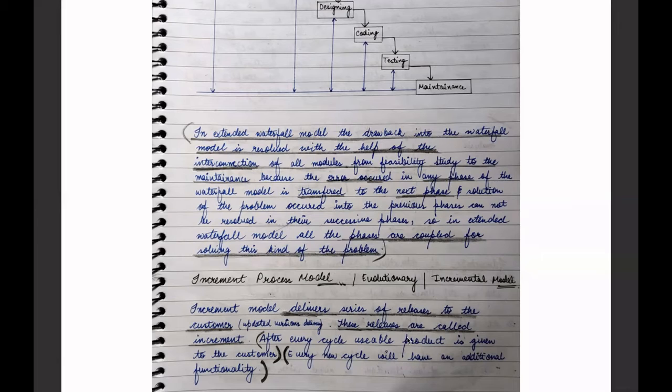These releases are called increments. After every cycle, a usable product is given to the customer. Every new cycle will have additional functionality.